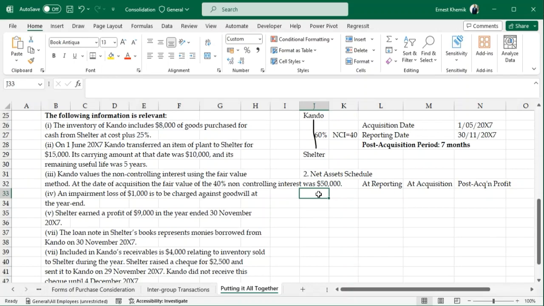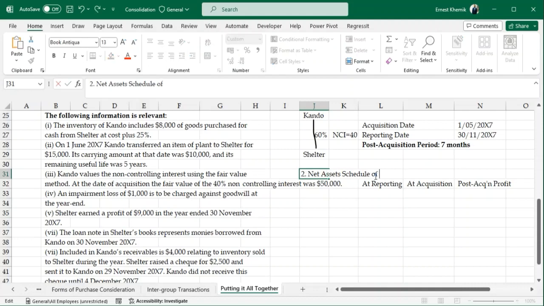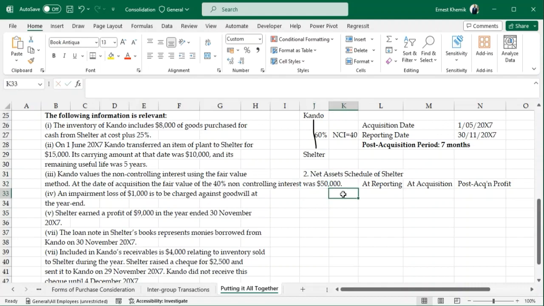So when you talk about net assets, that is talking about the equity of the subsidiary. Now the net assets is referring to the subsidiary, so net assets of Shelter. If the subsidiaries are more than one, we will prepare net assets for each of them in the group.